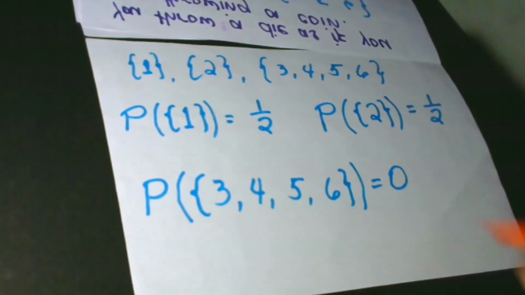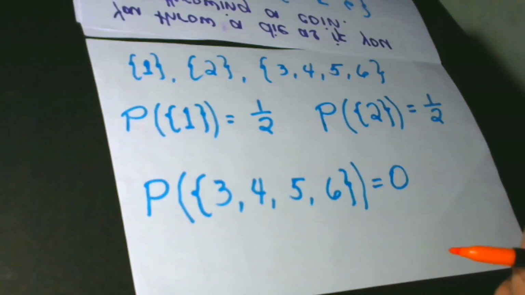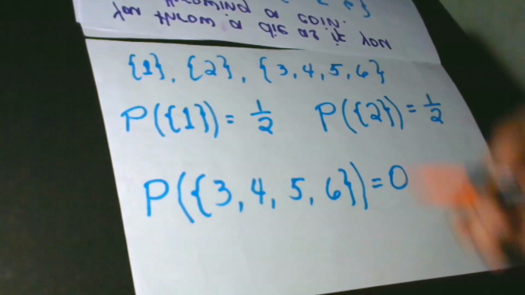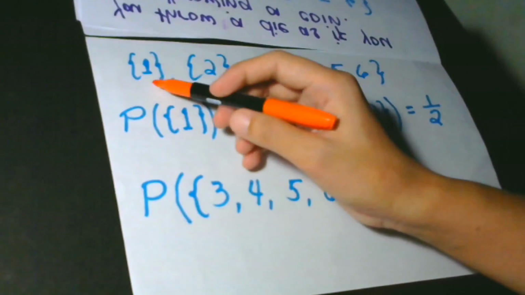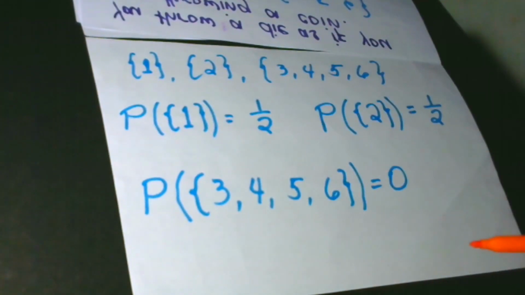The answer is that these outcomes are disregarded. Why? Because we have alternatively defined the set of 1 to mean head and the set of 2 to mean tail.